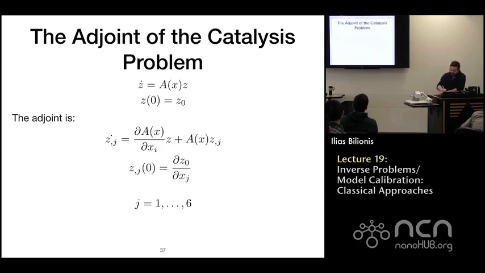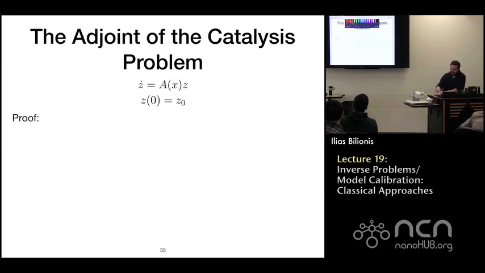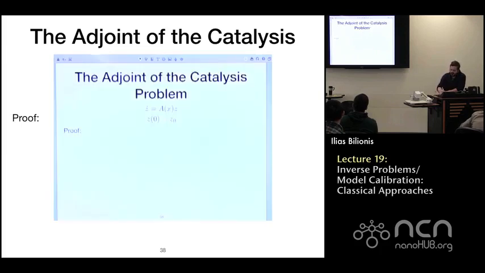Now let me show you why this is the equation that the derivatives satisfy. It is very simple. It is much simpler than you think. Here's how you do it. You start with what you want. I want a differential equation for the derivative of z with respect to xj. That's what I want.